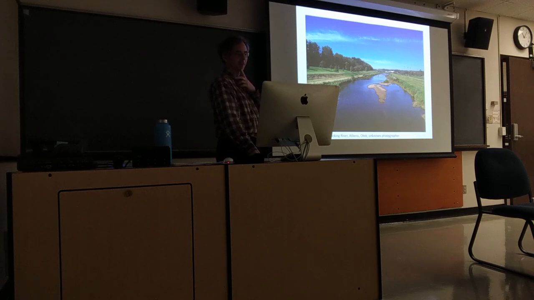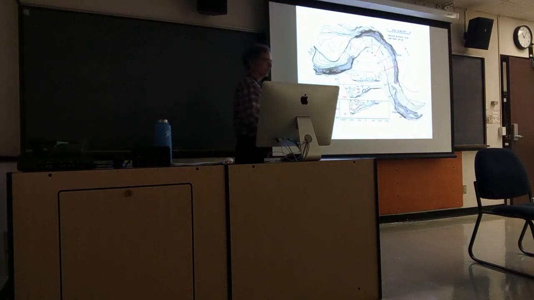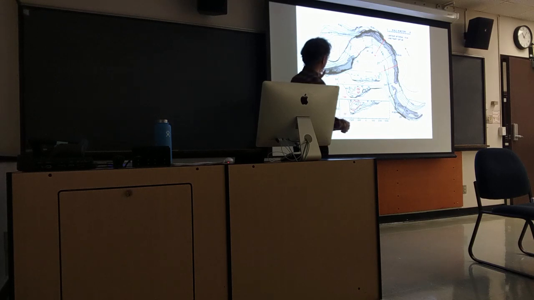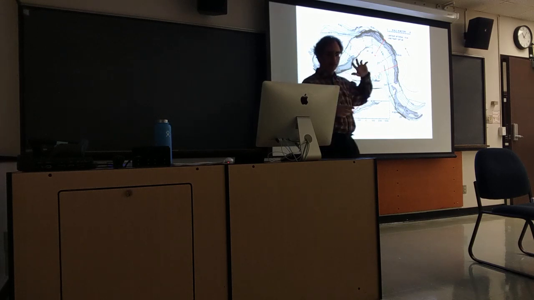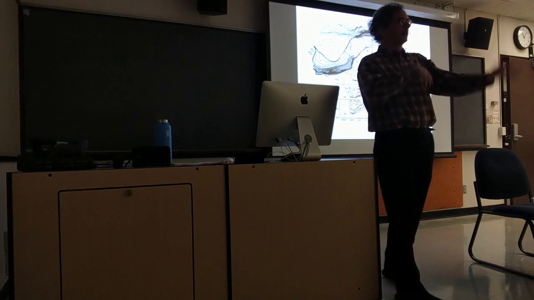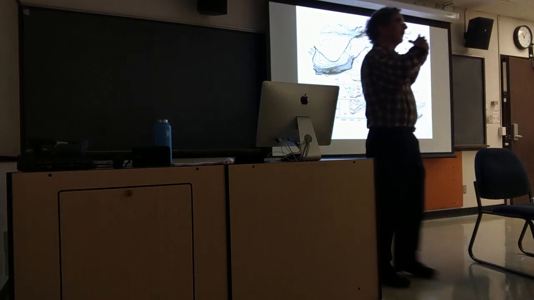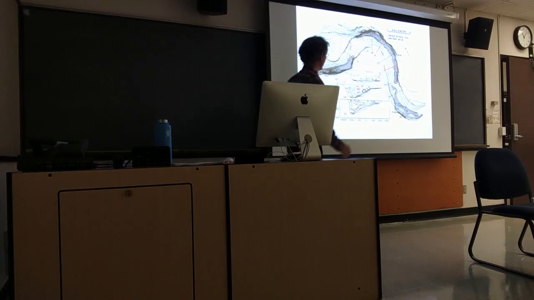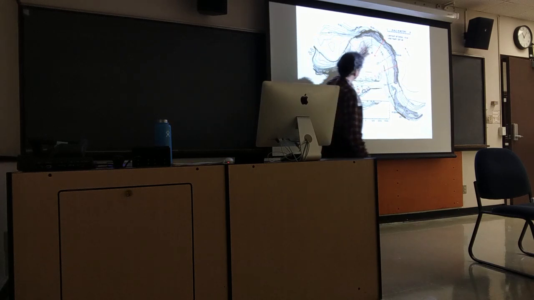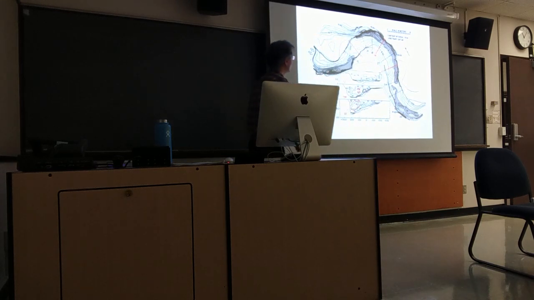So let's talk a bit about that. First, let's look at partly how the bar development feeds back, leading to erosion of that opposite bank. This is Muddy Creek in Wyoming, intensively studied in the 80s.